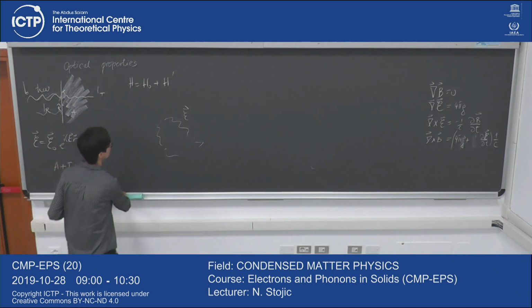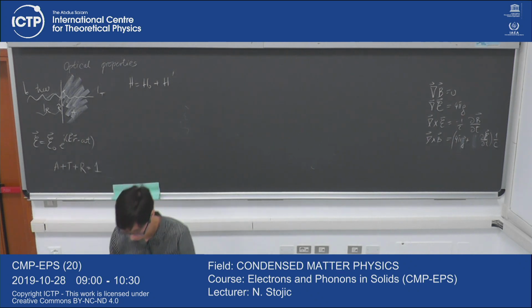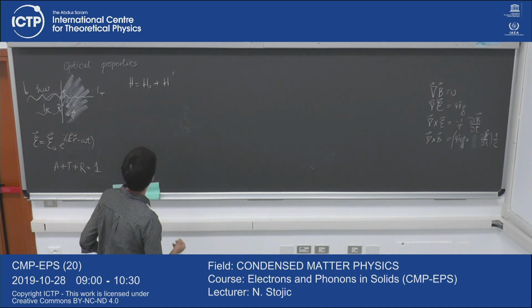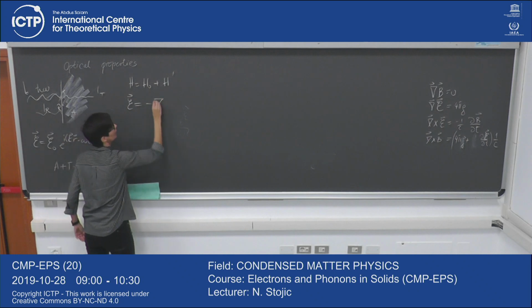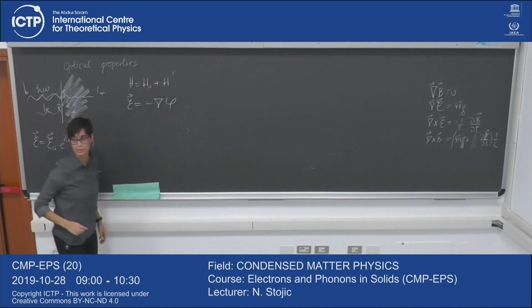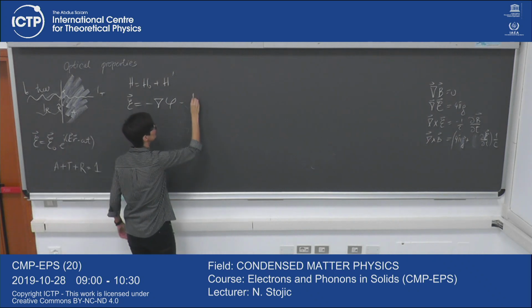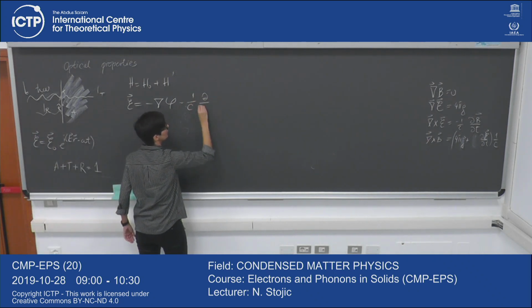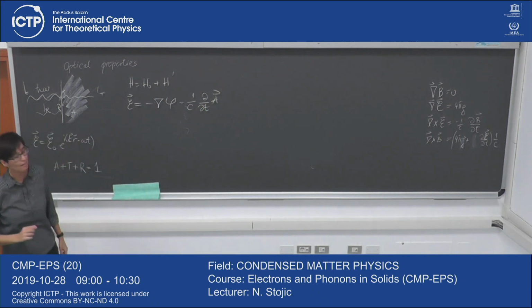Okay, so let me start writing. I can express the electric field as a gradient of some potential phi. But I can also add to it a part which has a time derivative of the vector potential.